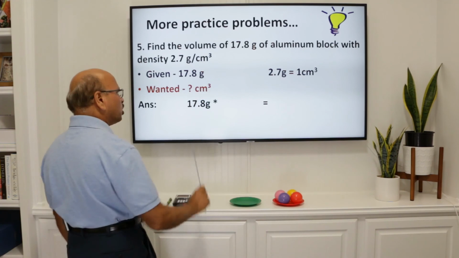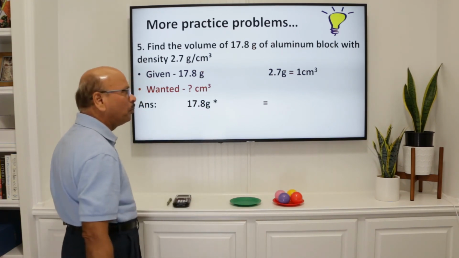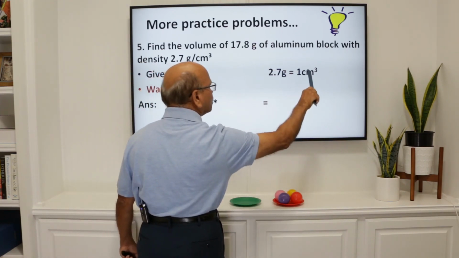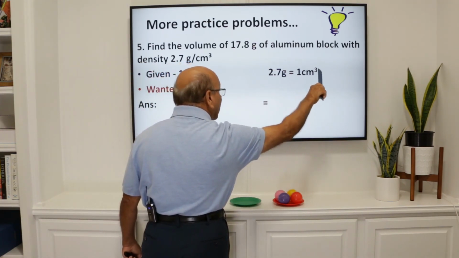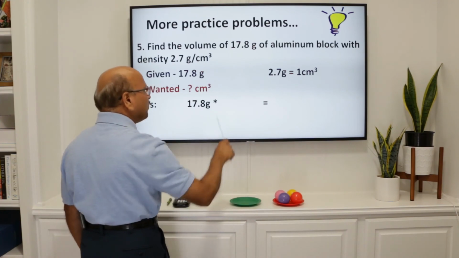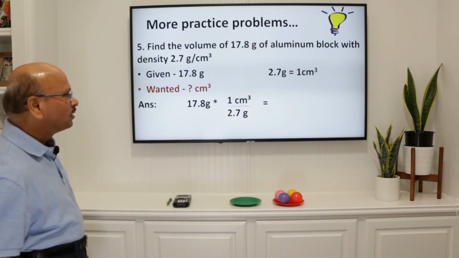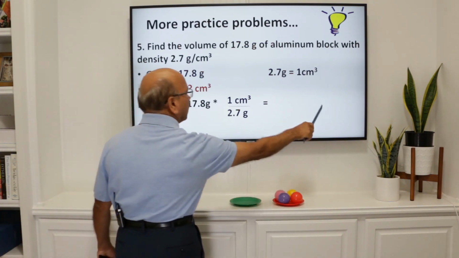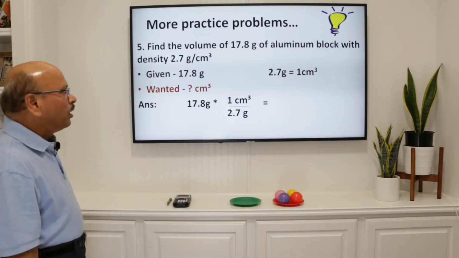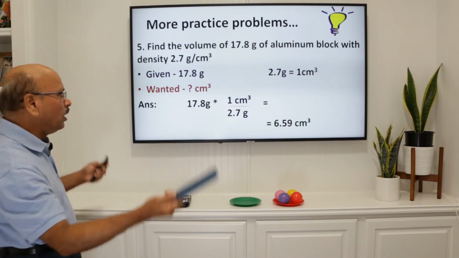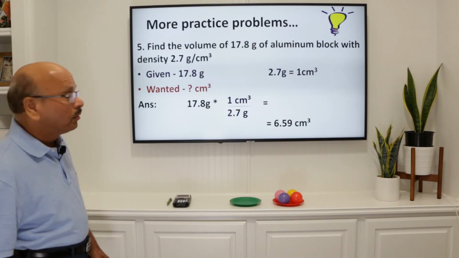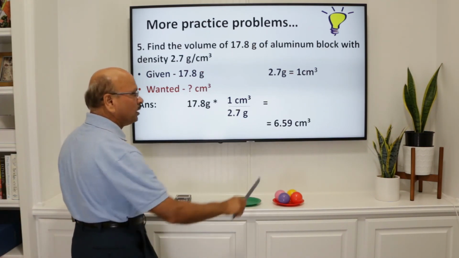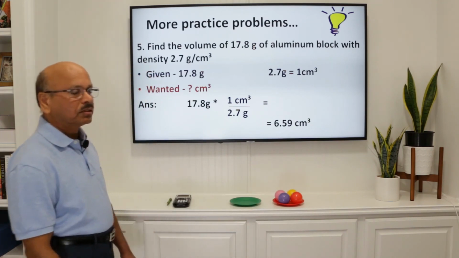We need centimeter cube, so you have to keep the centimeter cube on the top and the gram should come down. So this should translate into 1 centimeter cube on the top, 2.7 gram on the bottom, just like that. And then what? Gram and gram will cancel. What are you going to get? Centimeter cube. You actually got the answer. So just calculate it. And how many sig figs do you have to keep? Only look at the first measurement, which has 3 sig figs, and your answer should have 3 sig figs.